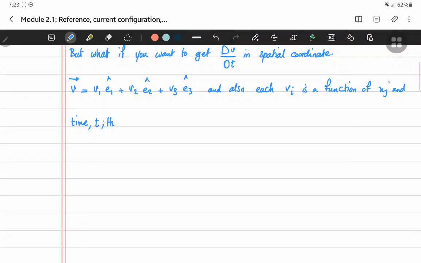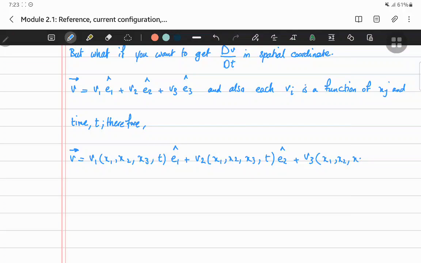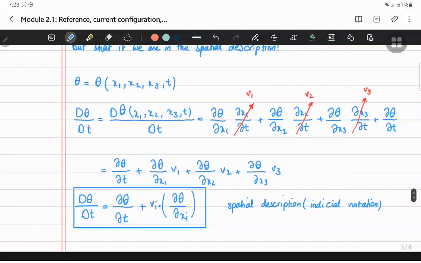Therefore, v is basically v1 of x1, x2, x3, t, e1 plus v2 as a function of x1, x2, x3, t, e2 plus v3 as a function of x1, x2, x3, t, e3, like the one that we had in here.